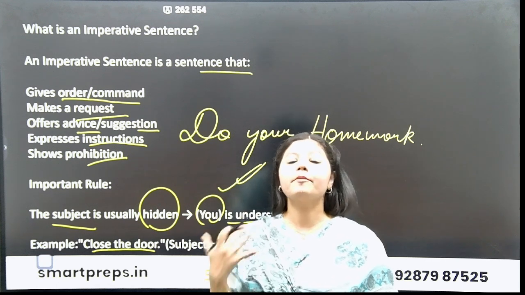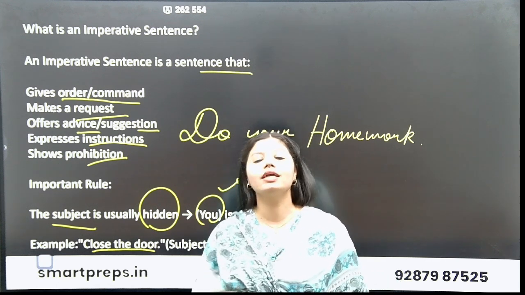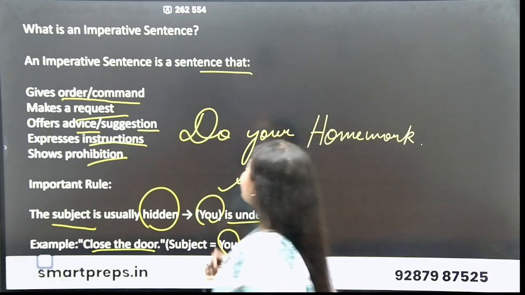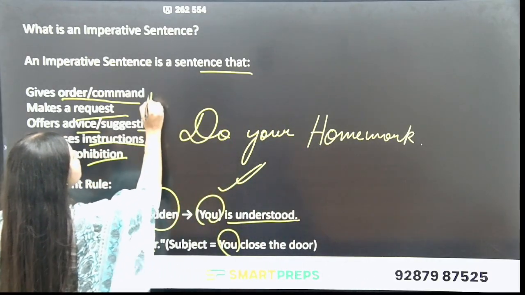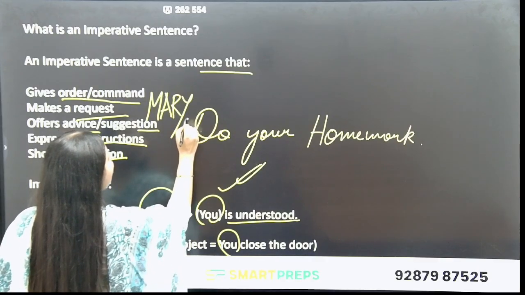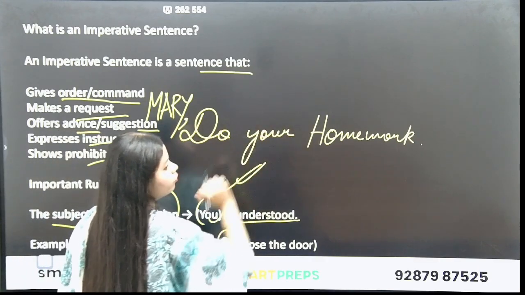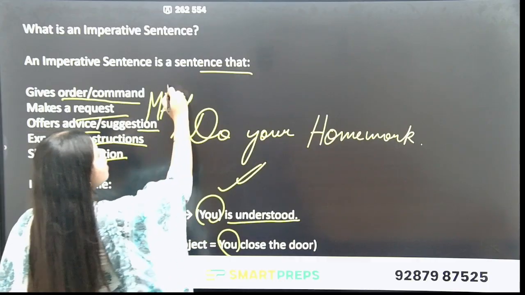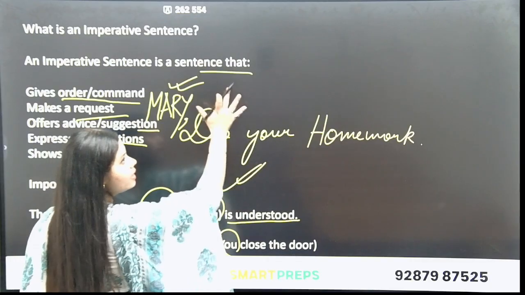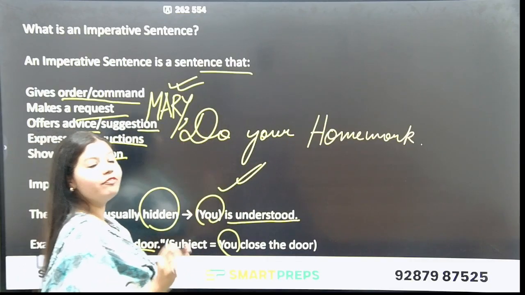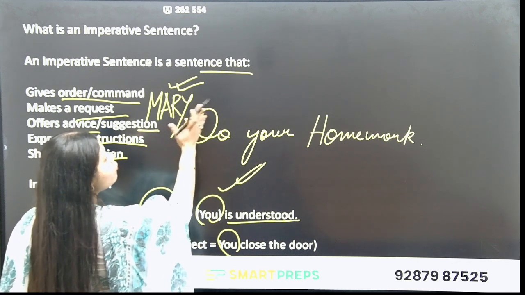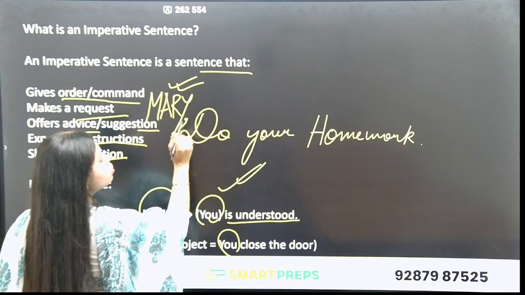But in some exceptional cases, some special cases, we specifically mention the subject. For example, if I say, Mary, comma, do your homework, it means I have mentioned the specific subject in the sentence. This is an exceptional case, and when we mention a specific subject, we divide the subject from the sentence through a comma.